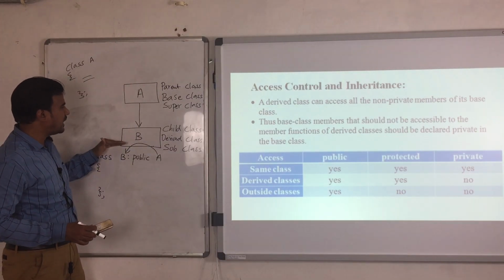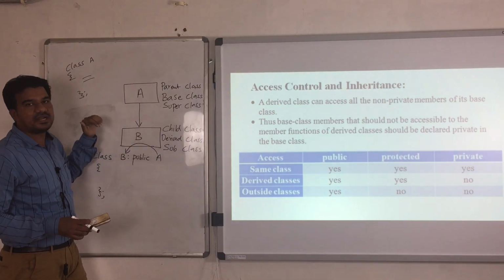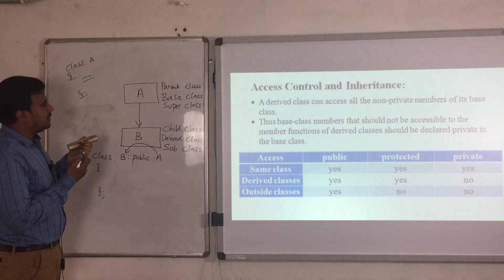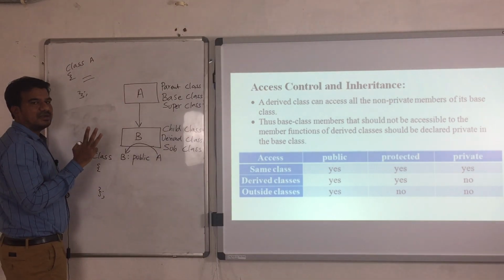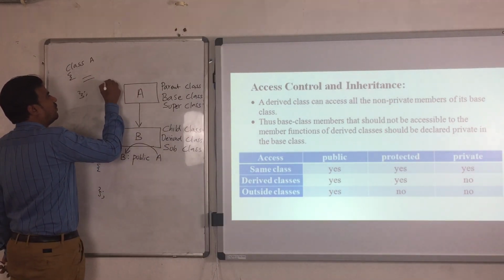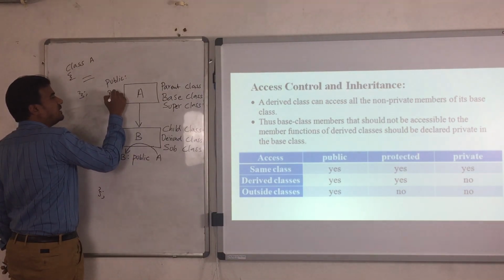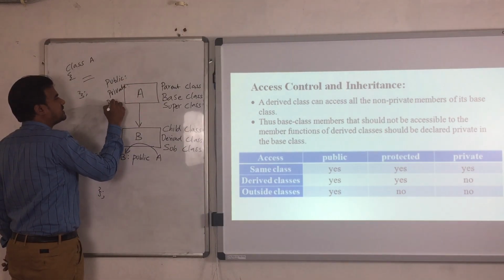So here we have 2 classes, the parent class and the derived class, the parent class and the child class. When you are deriving, we are going to put all the data members under 3 different sections: one is the public section, the other is the private section, and the third is the protected section.